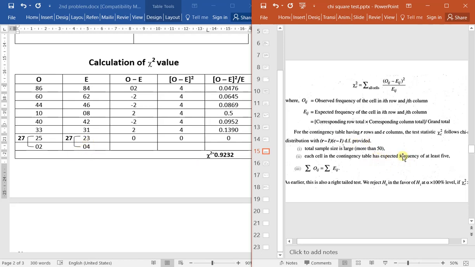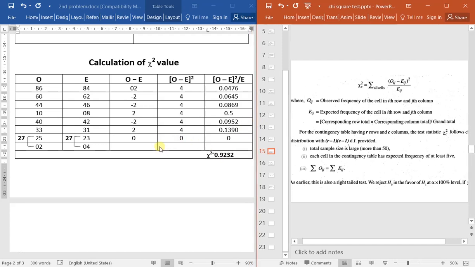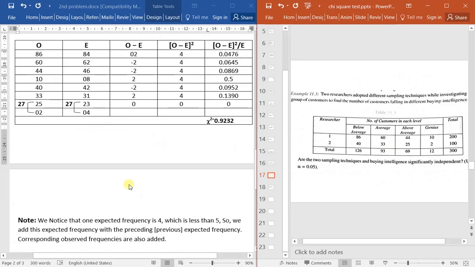It says expected cells should have values of at least 5, so 5 or more. Here we have 4. So what do we do in this case? In this type of problem, you have to follow a method.